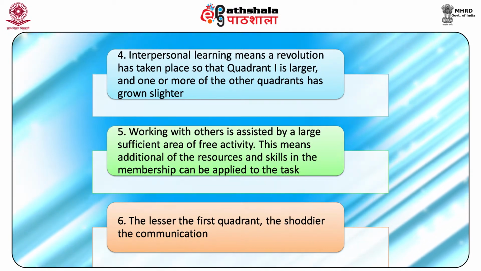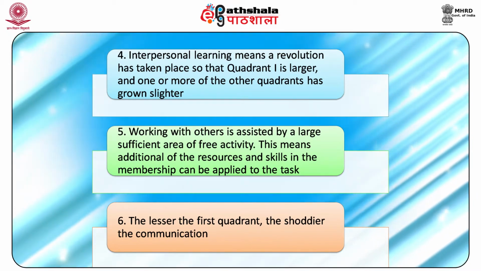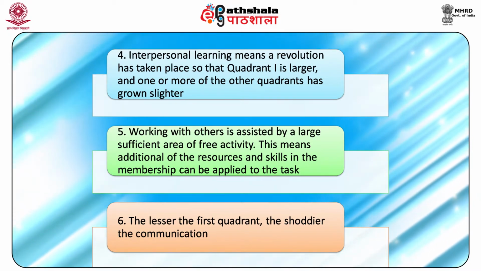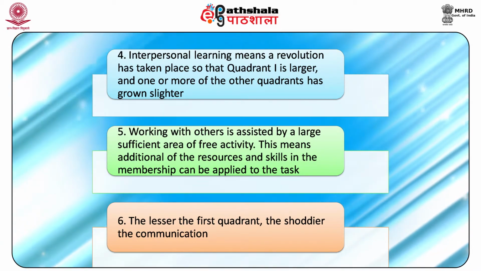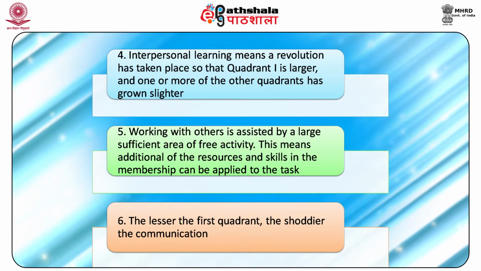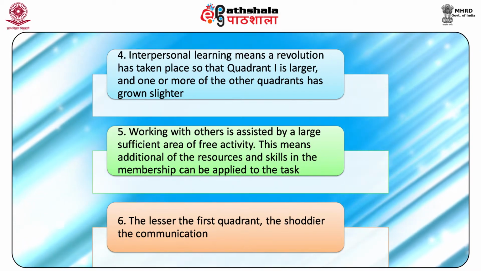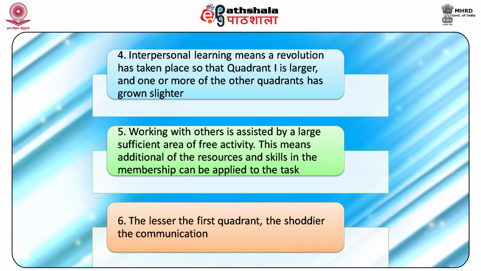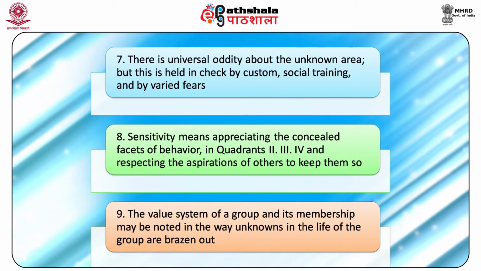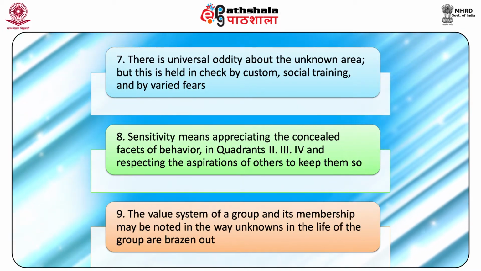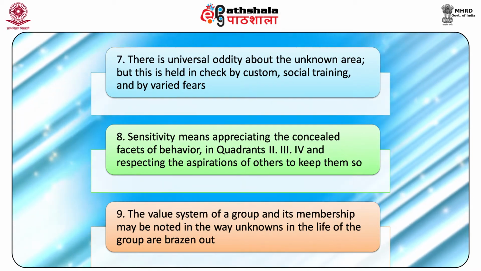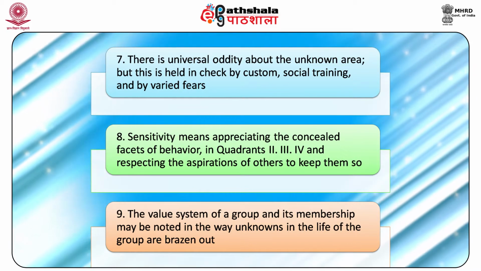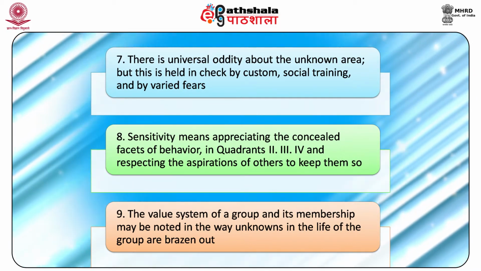Working with others is assisted by a large enough area of free activity. This means additional resources and skills in the membership can be applied to the task. The lesser the first quadrant, the shoddier the communication. There is universal curiosity about the unknown area, but this is held in check by custom, social training, and by varied fears.